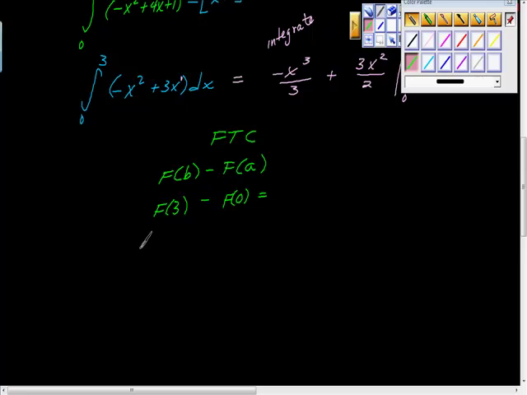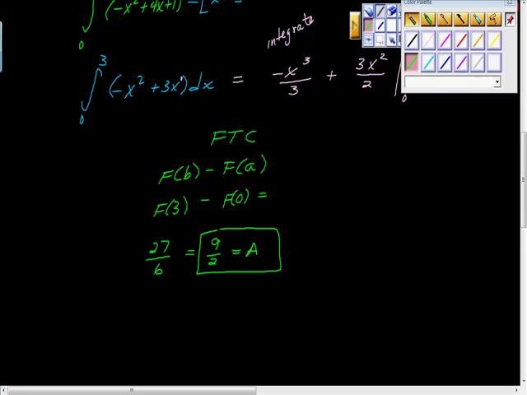I went ahead and did all the math here. After everything was done, I got 27/6, which simplified to 9 halves, right? 3 goes into this 9 times, 3 goes into this 2 times, and that's the area.